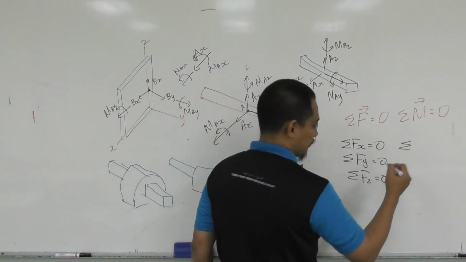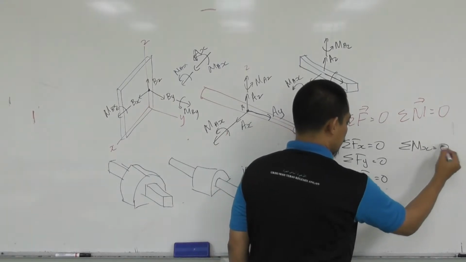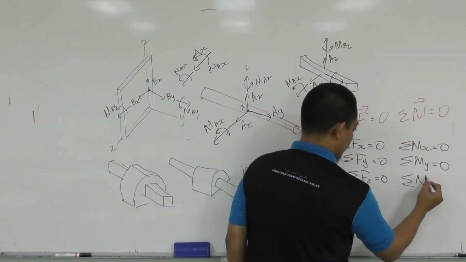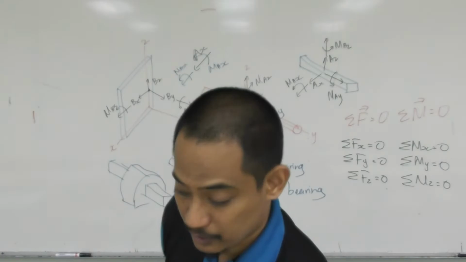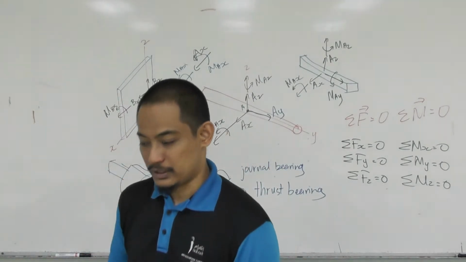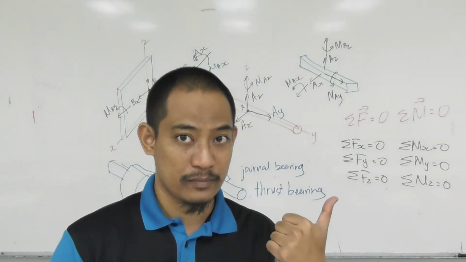In terms of scalars also, the moment equations are summation of Mx equal to 0, summation of My equal to 0, summation of Mz equal to 0. So that's basically the equations of equilibrium.